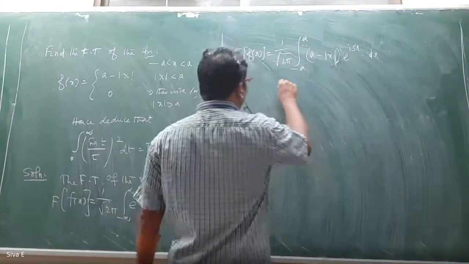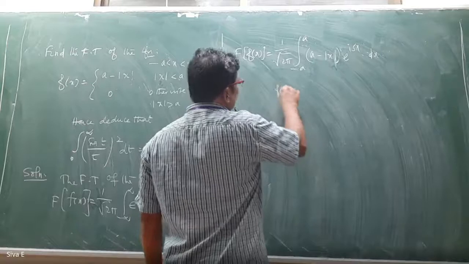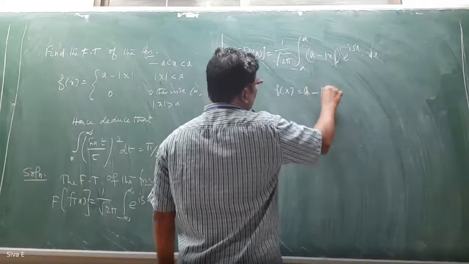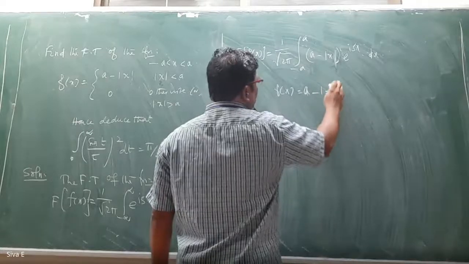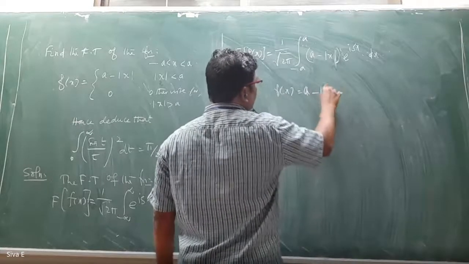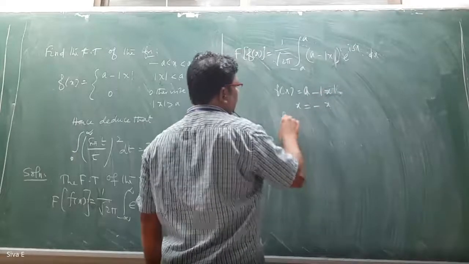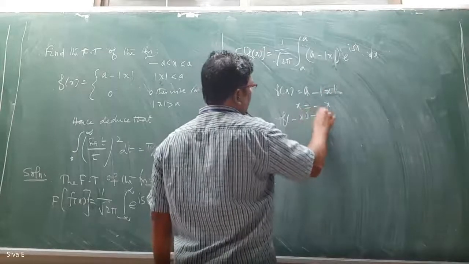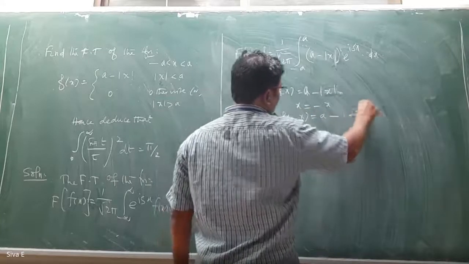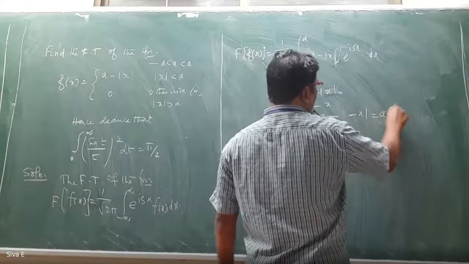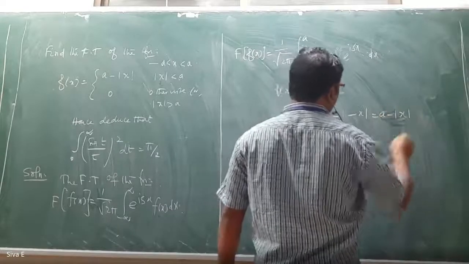Yes, f of x is a minus mod x. If you substitute x equal to minus x here, f of minus x equals a minus mod of minus x. Once again you will get a minus mod x.